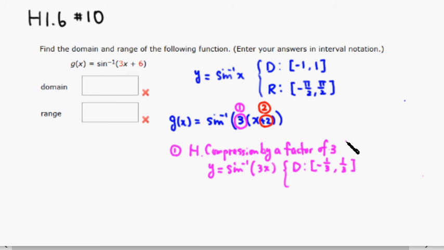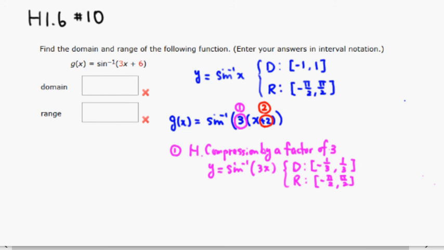The range is unaffected, because the range is the y value, the vertical direction, so it stays the same: -pi/2 to +pi/2.